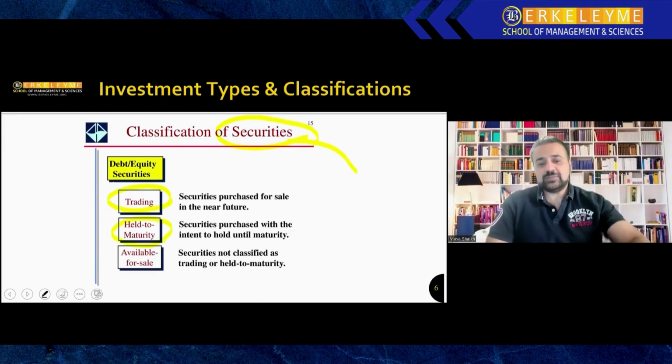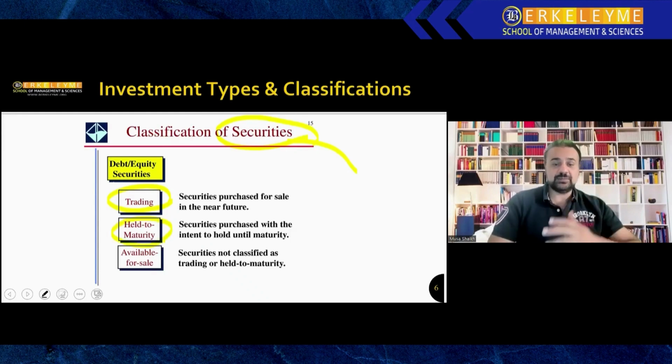Sometimes we buy something and we have an idea to keep it for some period of time. That is called held to maturity. For example, you bought a piece of land, and when you bought, you thought that you will keep it with you for a period of time. So that's how held to maturity can be taken.